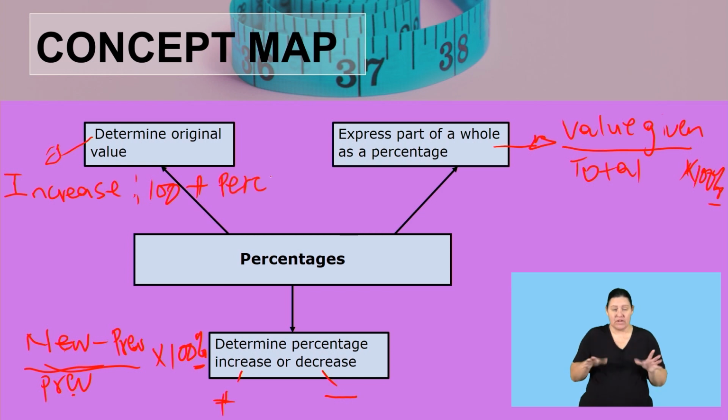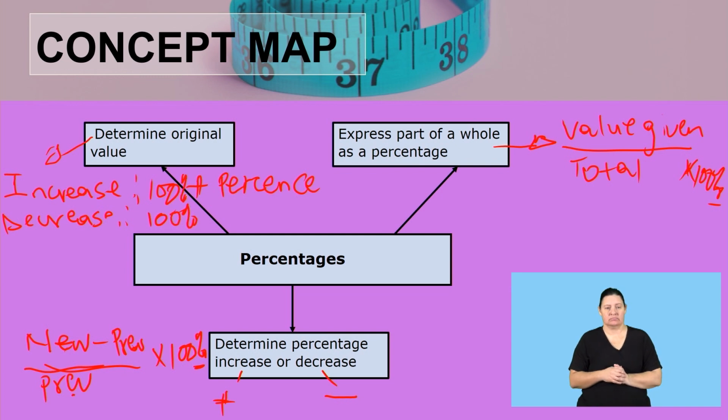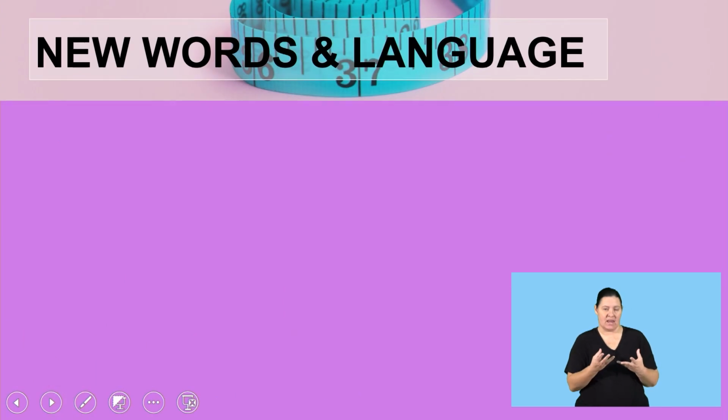And if it's a decrease, we are going to say 100% minus the percentage which is given. After that, you are going to express that as a fraction. After expressing it as a fraction, you flip the values and multiply by the given amount.